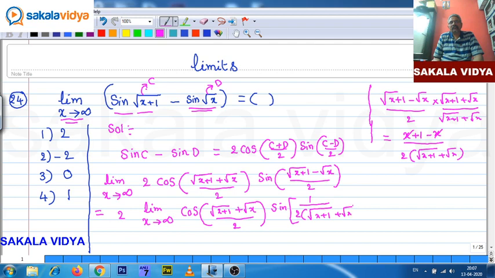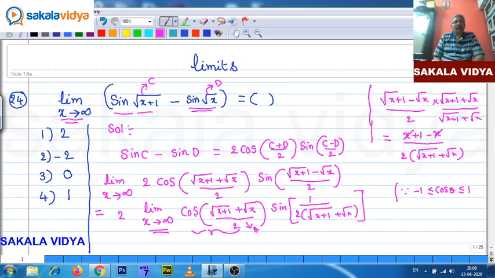Now one interesting factor: as x tends to infinity, root of x plus 1 also tends to infinity, and infinity plus infinity is infinity only. Whenever the argument is a real number, this cos takes a finite value. Say this value is theta: minus 1 less than or equal to cos theta less than or equal to 1.